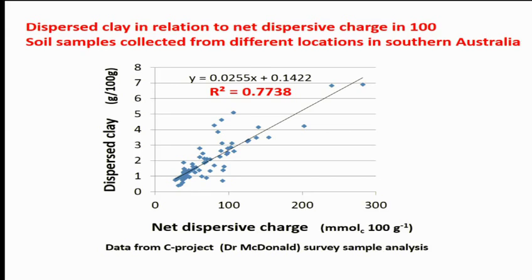So that's one drawback: if we estimated the exchangeable cations at the pH value of the soil, then the correlation would have been even higher. But anyway, it gives very good encouragement to prove the hypothesis that dispersive charge is responsible for dispersion, and the net dispersive charge is related to the dispersed clay.